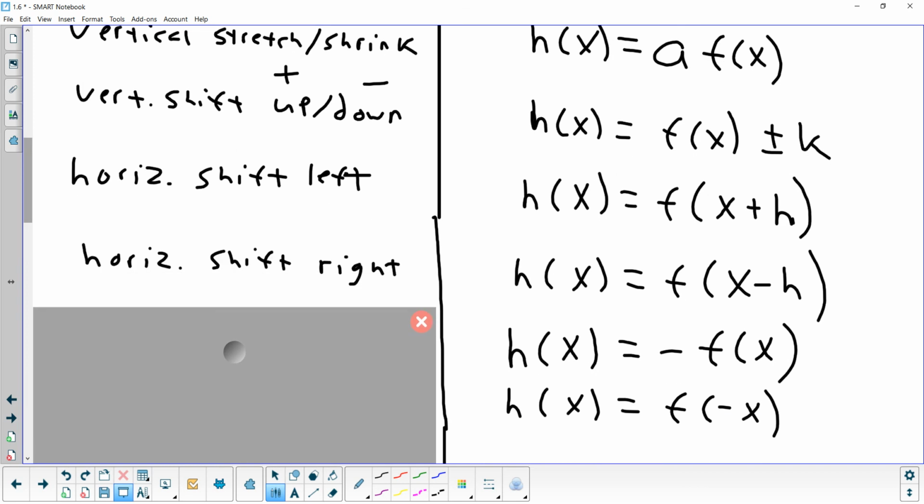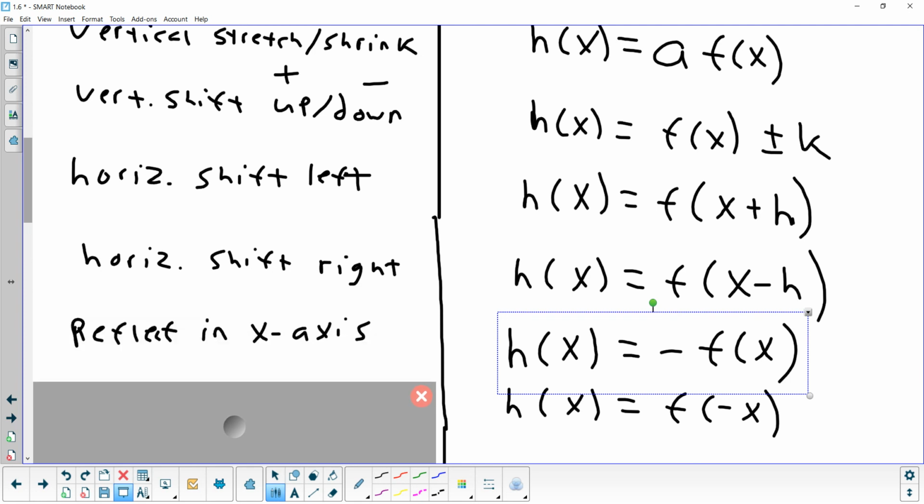A negative. When you put a negative in front of the graph, think about we did that yesterday. What does a negative in front of the graph cause it to do? Yep. Reflect over the x. Yes, exactly. It's a vertical reflection which flips it over the x. And this one we didn't do as much because with a parabola, you can't really tell.